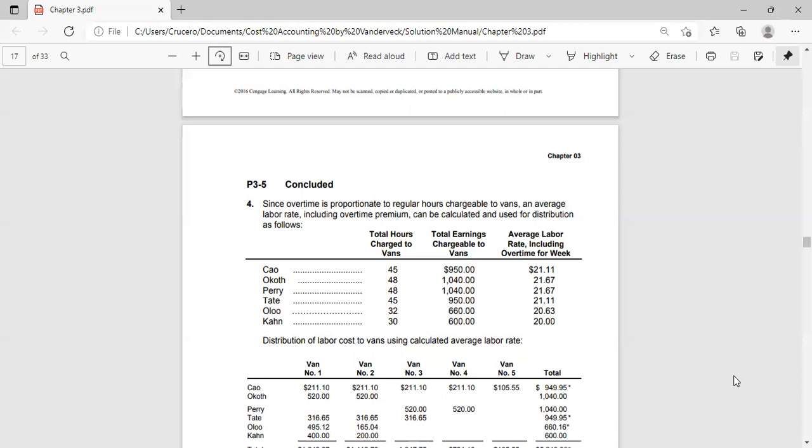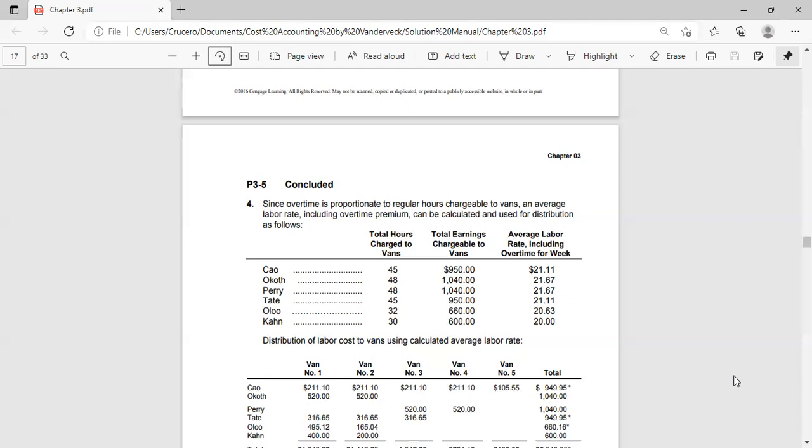Then for the next worker, please try to consider the totals for van number 1, number 2, number 3, and number 4.